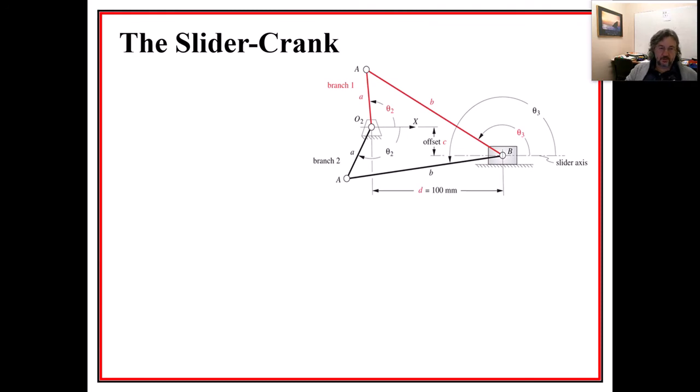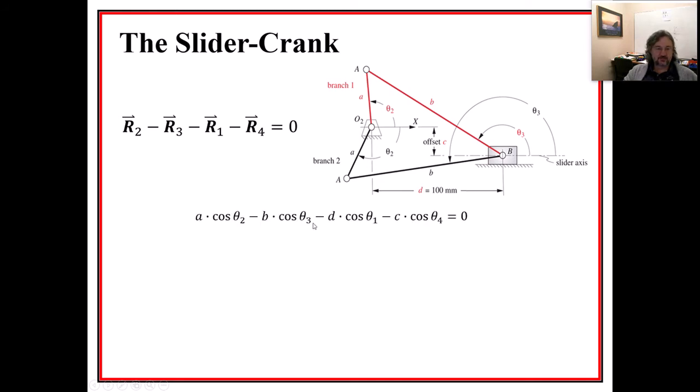Okay, so here's the slider crank, as I mentioned, and there's the vector loop equation. We can break it down into x and y if we assume that theta 1 is equal to 0, which is not a bad assumption, and that theta 4, which you can't really make out right here, is talking about the perpendicularity of the base to the horizontal, which is fine.